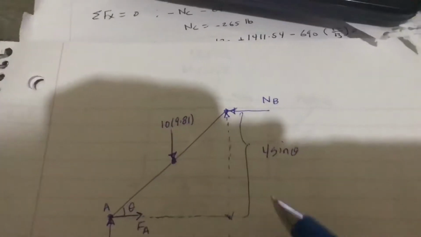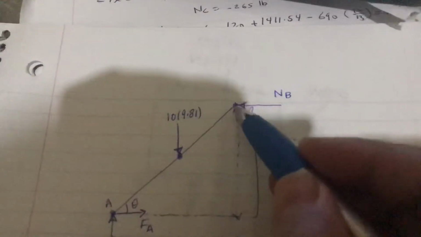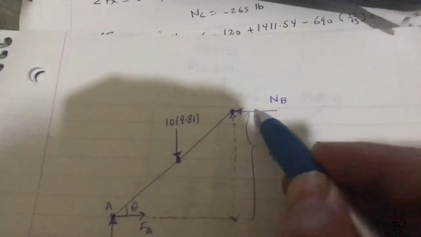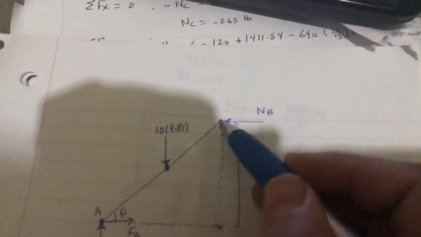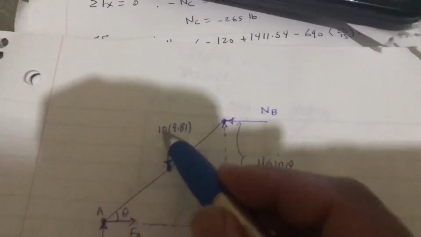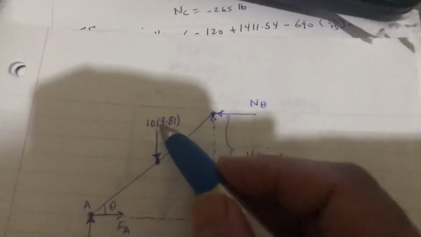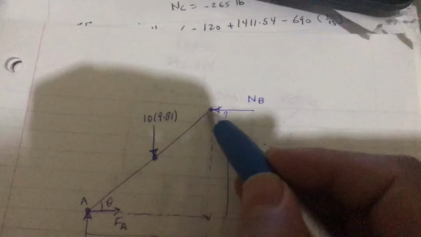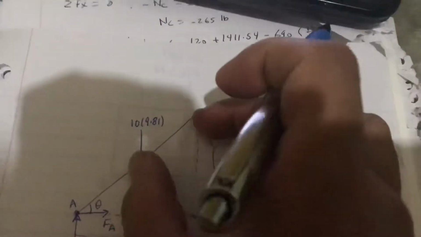Of course, this is the stairs. Again, I said here is smooth, so there's normal force only. There's no friction force. And the mass of this ladder is 10 kilograms, so 10 times 9.81 to make it in Newton. And always the weight should be at the center. He said that this is 4 meter, so this is 2 and this is 2.